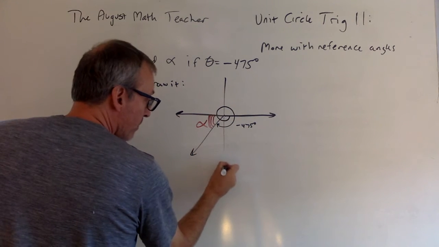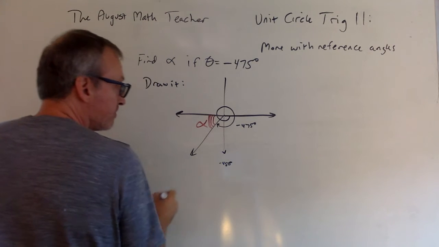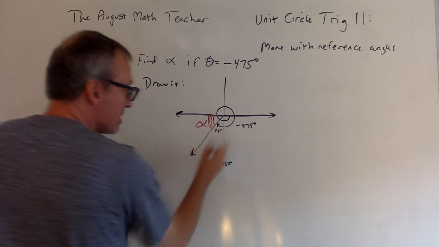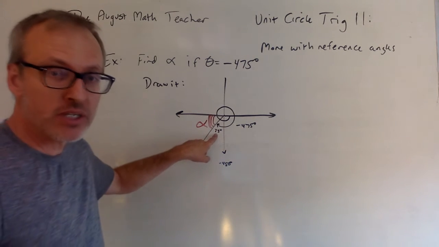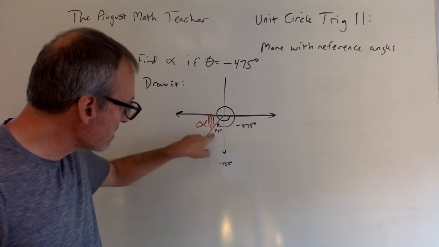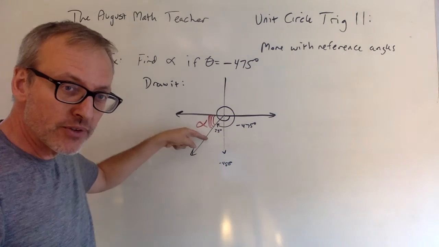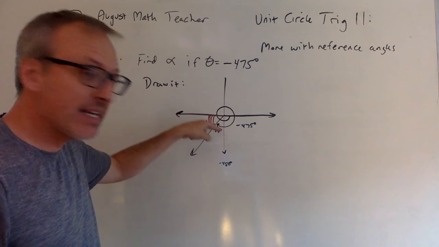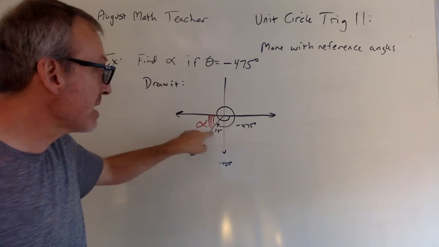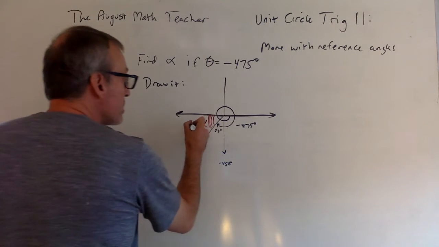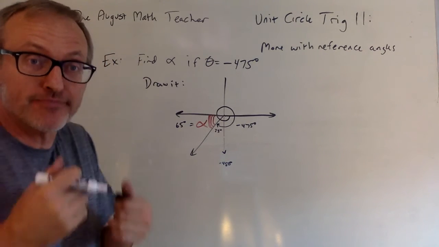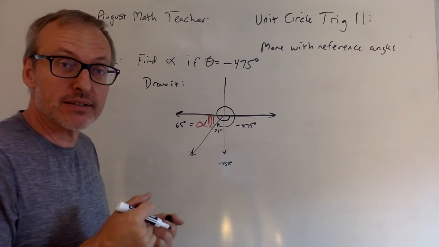This is negative 450 right here, pointing this way. Negative 475 would be another 25 units. Notice I'm not writing a negative here anymore because I don't care about positive, negative. But this is another 25 degrees. I want to know what this one is. Now, this whole thing is 90. So just geometrically, I can see that if I take 90 minus that 25, I get alpha, which is going to be 65.